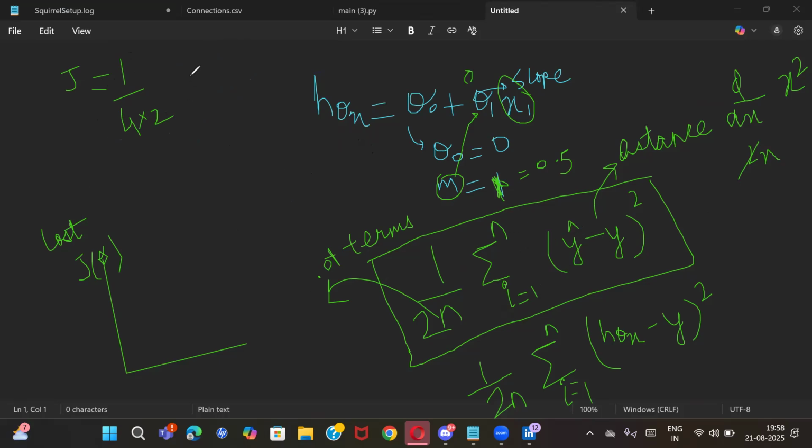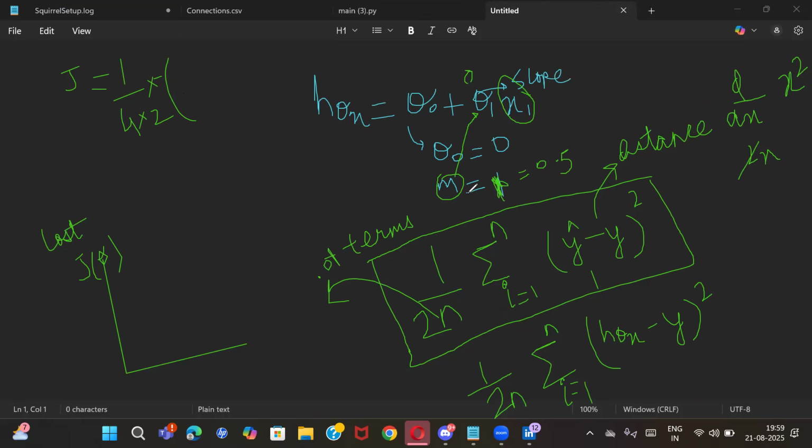For the first predicted point, what was my y hat value? Previously we calculated how y changed when the slope was 1.